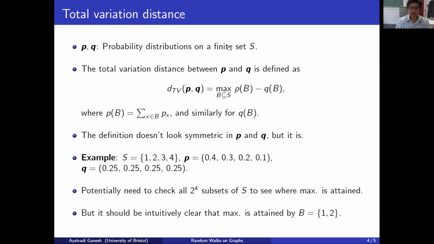So indeed, total variation distance can be defined in general, even for continuous distributions, in exactly the same way, as the maximum over all subsets B of P of B minus Q of B. We'll remark on this again later when we give a slightly different formula for the total variation distance, which doesn't involve a maximization.